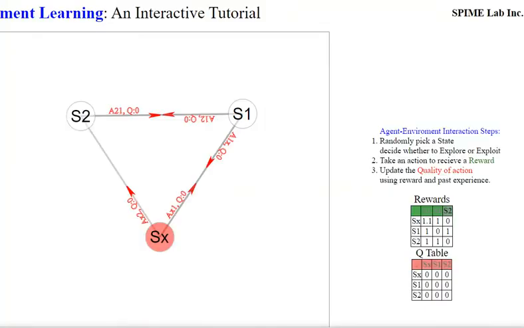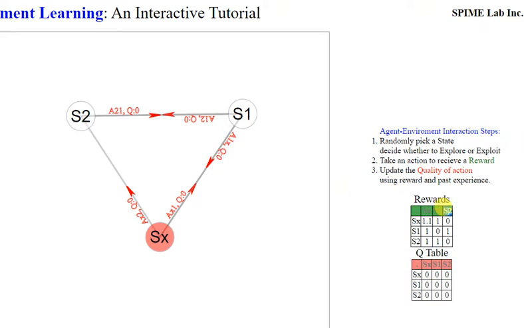To revise our understanding, let's read the environment graph and corresponding rewards and Q table together. Remember, each cell in the rewards table represents the reward for taking an allowable action in a given state. The column name is current state. The row names are the future state that we can go from current state.